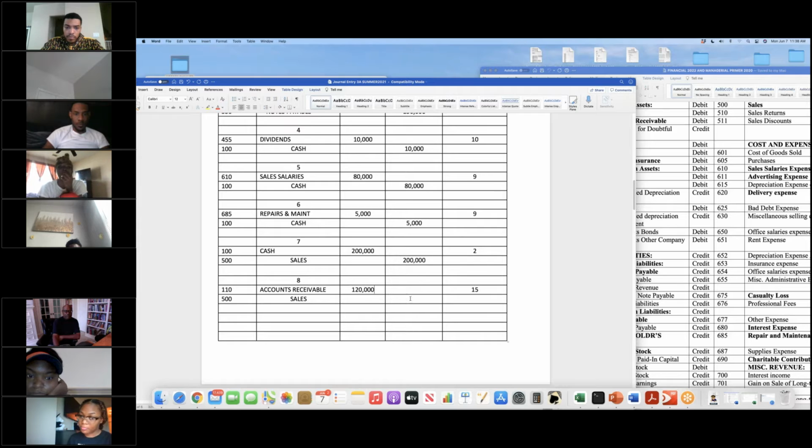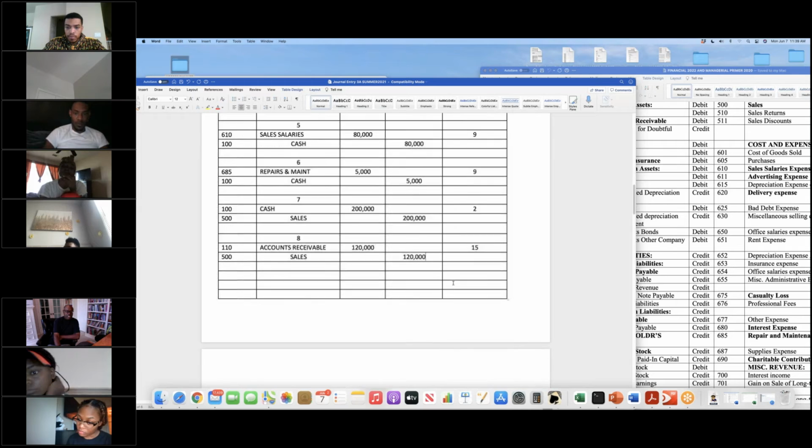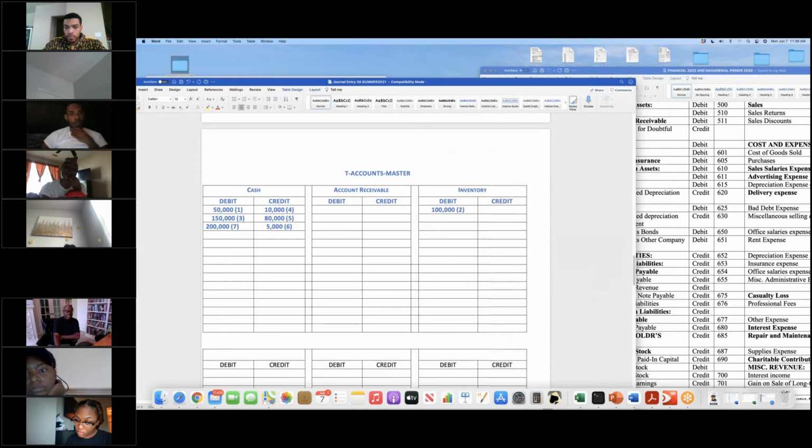You ready to post it? Yes. So we typically post the debit first, then the credit. I already have accounts receivable set up here, right? Right. So we're going to debit the 120,000, type 15.